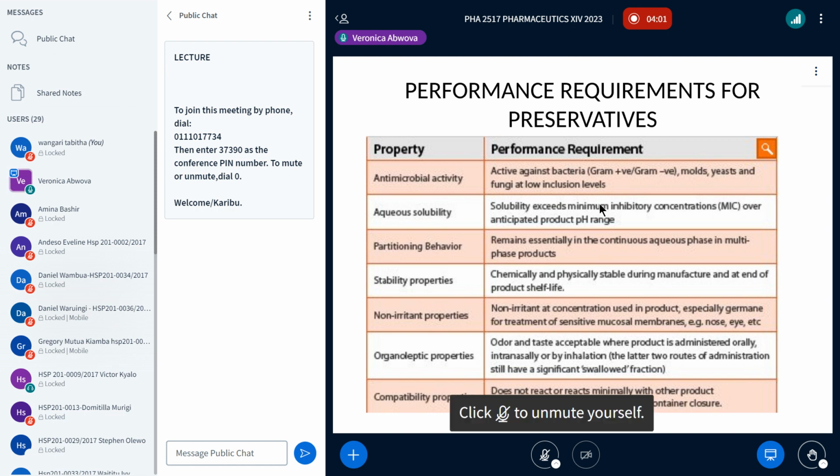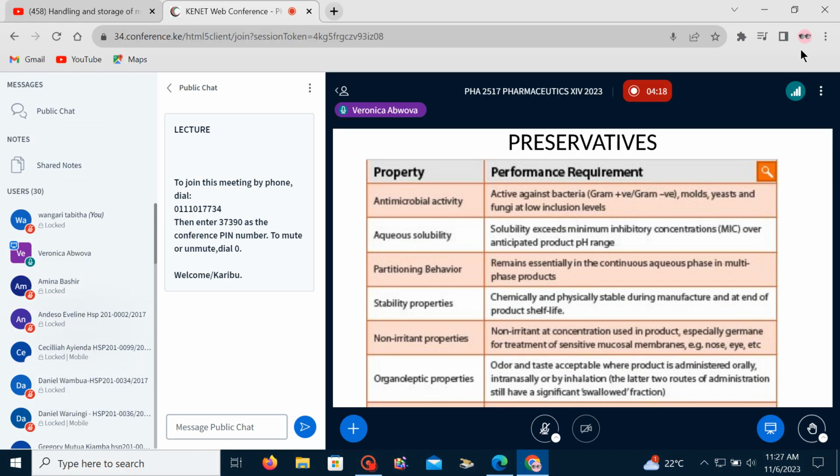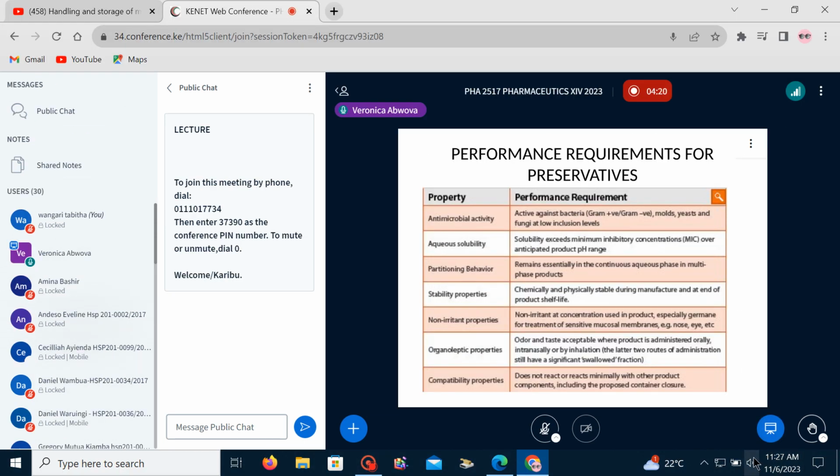So we don't want a scenario whereby we have a pharmaceutical product that has this microorganism in it. So any preservative we add to eye drops must be effective against Pseudomonas, and that is a similar scenario we're talking about here, okay? Antimicrobial activity.